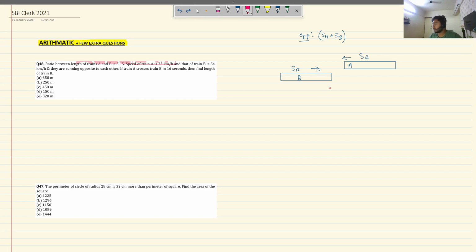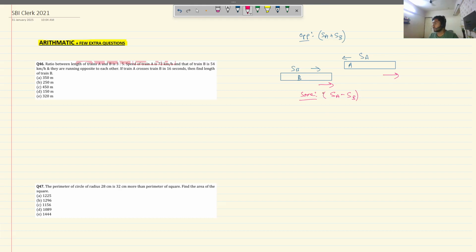And if they are going in the same direction, let me use a different color. Let's say this is also going in this direction and train A is also going in this direction. If both are going in the same direction, the relative velocity will be SA minus SB, right? It will get subtracted.